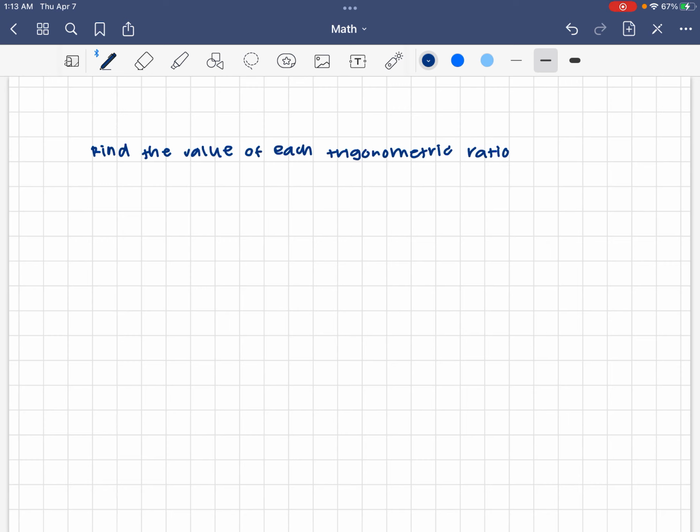They give us a triangle with sides 50 and 40. Shout out to my math teacher, because I take this from classwork.